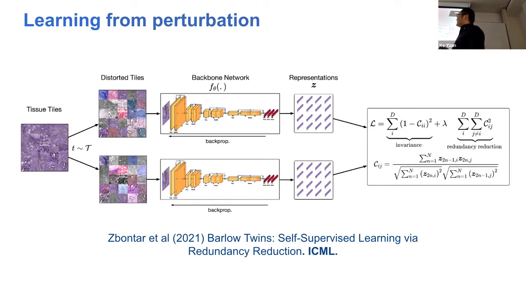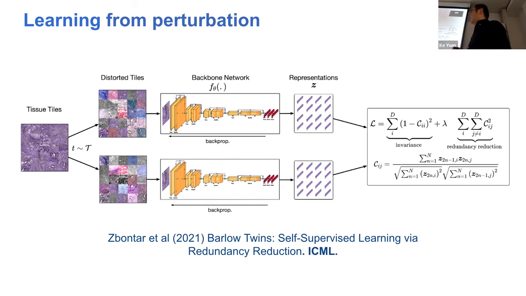The general scheme is that you do data augmentation of various kinds, and then you ask two network structures to process two batches of different augmentations, and then you get the representations. Then you can do contrastive learning, or in this case we opt for the Barlow Twins approach.